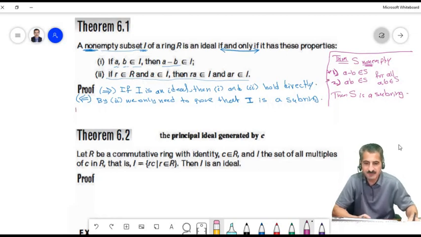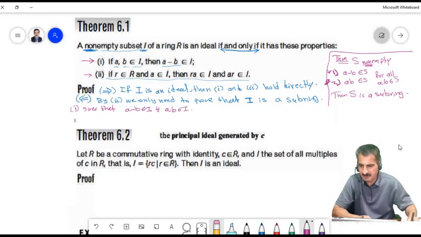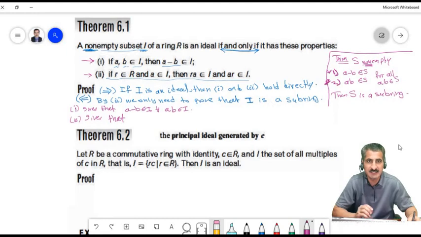But 1 is obtained by 1 in here, which is already given, right? So all we need is to prove this 2 here, and this is actually obtained by part 2 from here. So let me say 1 gives that a minus b belongs to I for all a, b in the ideal I, and 2 says the product of any element from the ideal I and any other element r.